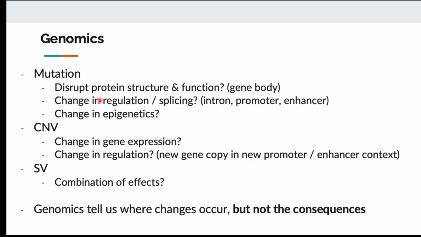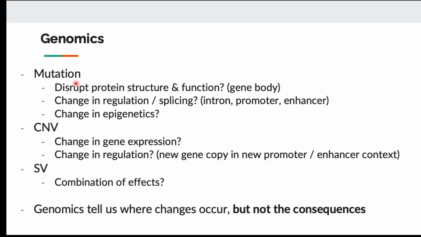And if the mutation occurs in a regulatory region, like an intron, promoter or enhancer, we want to know if this mutation changes the regulation of gene transcription, or does it change the splicing? In order to confirm this, you need to perform transcriptomics to see the actual change in gene expression, to see the actual switch of RNA isoforms, so that you can tell for sure that this mutation seems to be correlated with a change in transcription.